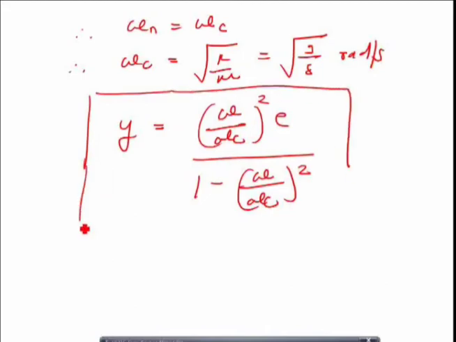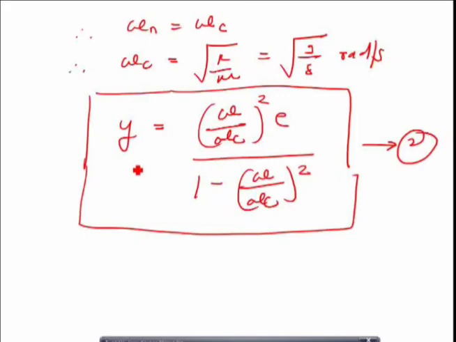So this is my final equation number 2, from which I can calculate y, that is the deflection of the shaft. When your omega is equal to omega c, and that omega c is obviously equal to omega n, the corresponding y will become infinity, right? I hope you understand this, and your shaft will ultimately fail, and this is called the equation for critical speed, or the equation of deflection for the critical speed.